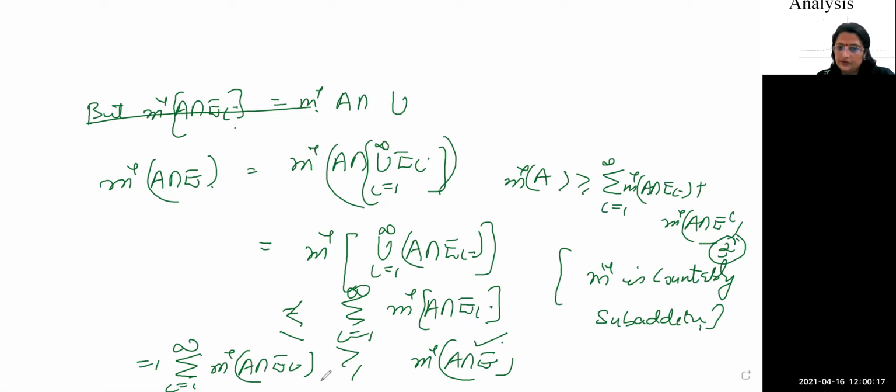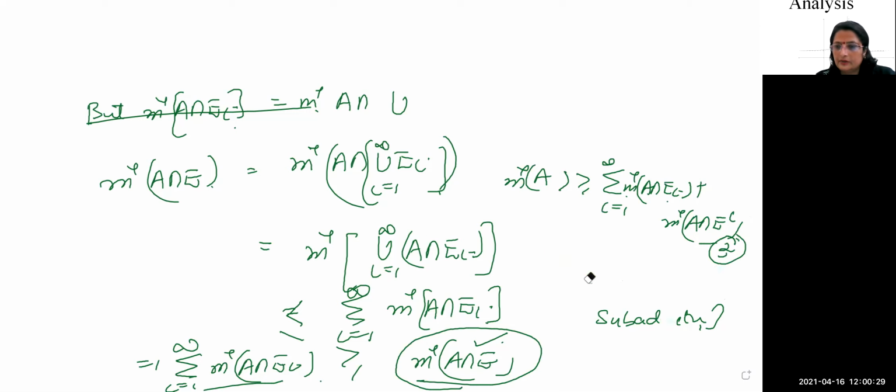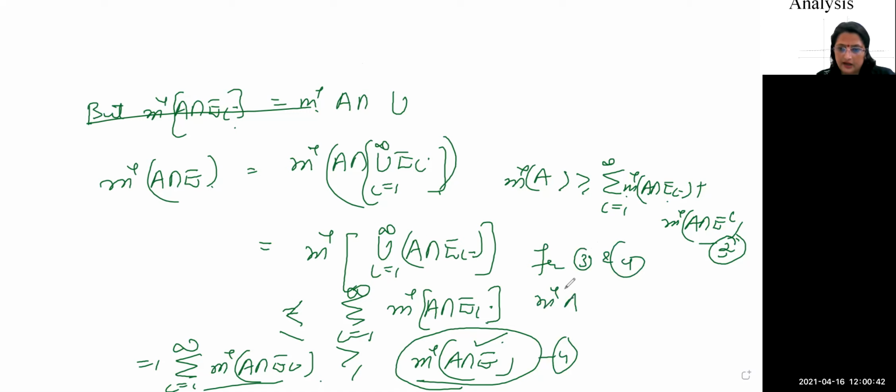Now we will substitute the value of m star A intersection Ei. ये पूरी वैल्यू जो है इसकी जगह कौन रिप्लेस हो जाएगा? m star A intersection E. So I'm writing over there. So it implies, this is number 4, from 3 and 4 we get m star A is greater than or equal to, so we will replace this by m star A intersection E plus m star A intersection E complement.